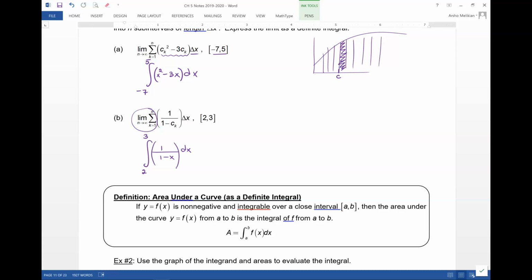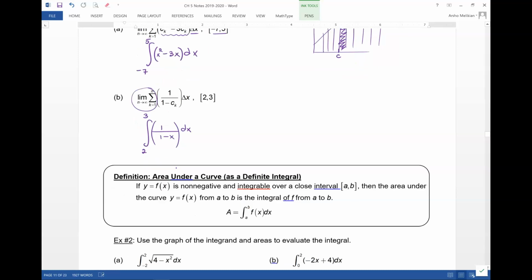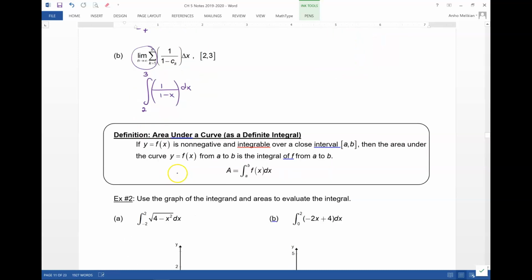Okay, now, area under a curve. If f of x is non-negative, meaning 0 or positive, and an integrable function over a closed interval a to b, then the area under the curve is just this, which we already knew, right?